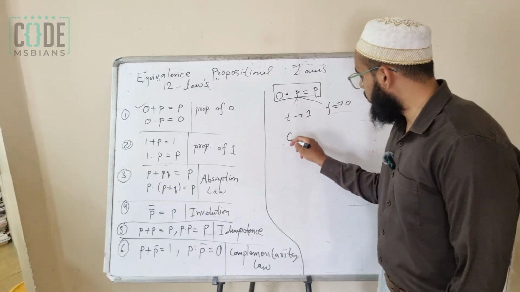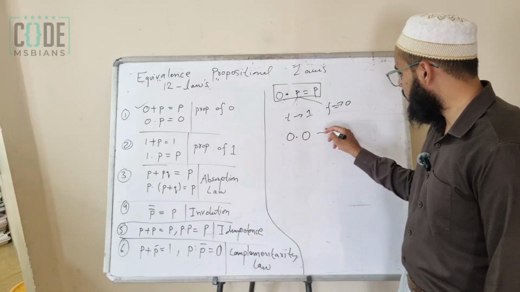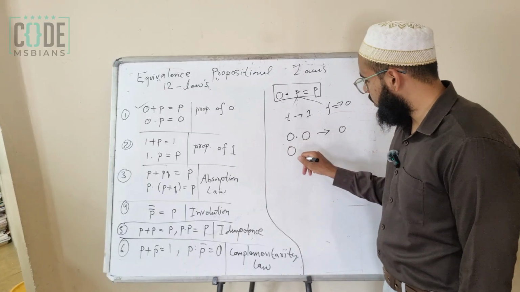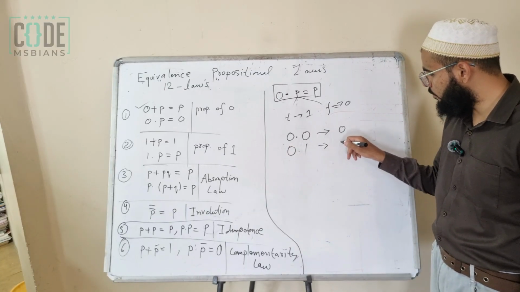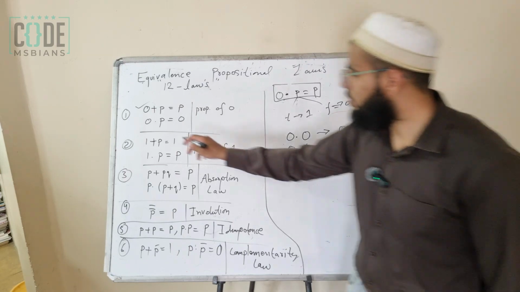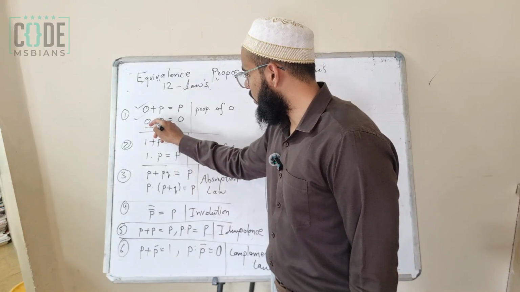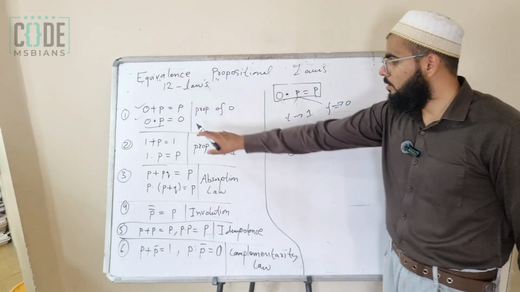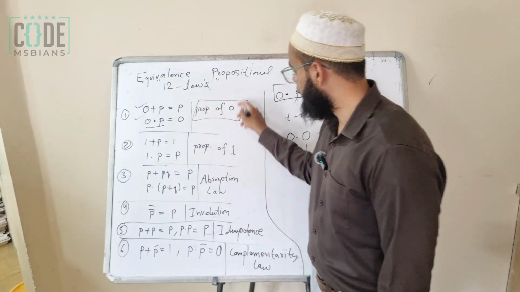So 0 ANDed with 0, we know it will give you 0 only. 0 ANDed with 1, again it will give you 0 only. So that's the reason for this law: whenever we AND 0 with any variable, the result will be 0. So that's the properties of 0.